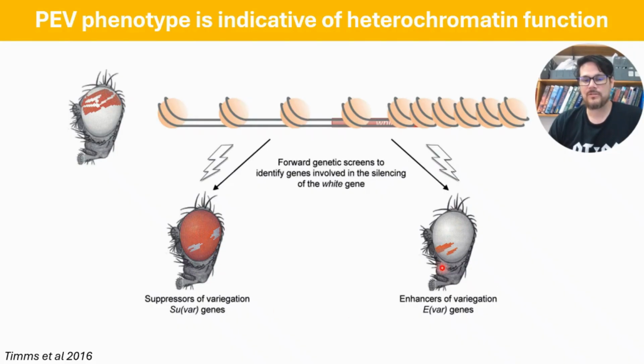If loss of function mutation led to enhanced variegation, which would cause enhanced heterochromatin, so these genes were essentially opposing heterochromatin formation, these were called E-vars. And so essentially this eye phenotype can be indicative of an animal's ability overall to form and maintain heterochromatin.